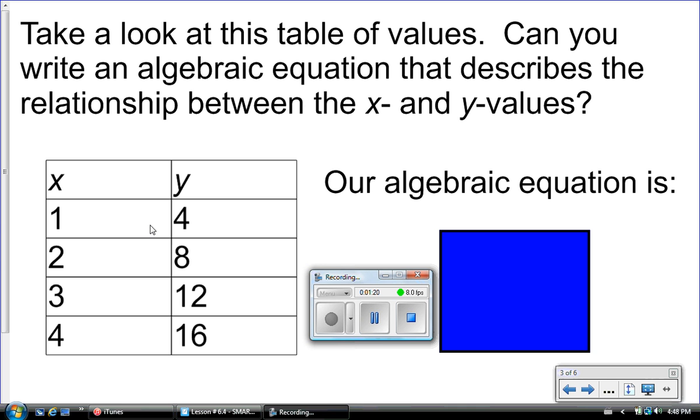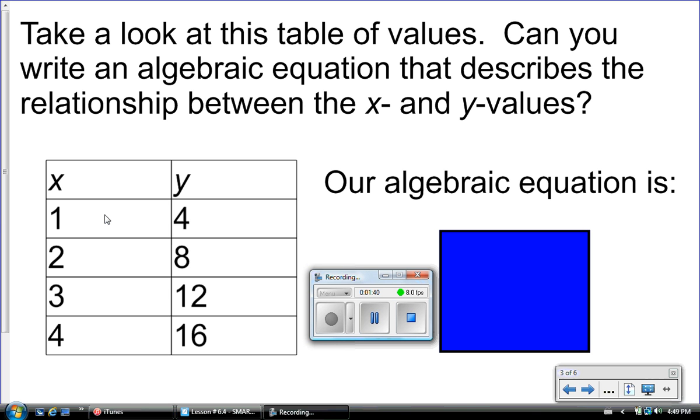And we consider, are we adding by a certain amount? Are we subtracting? Are we multiplying or are we dividing? What you'll notice is that we are multiplying each time. It certainly appears that we are multiplying each x value by 4.